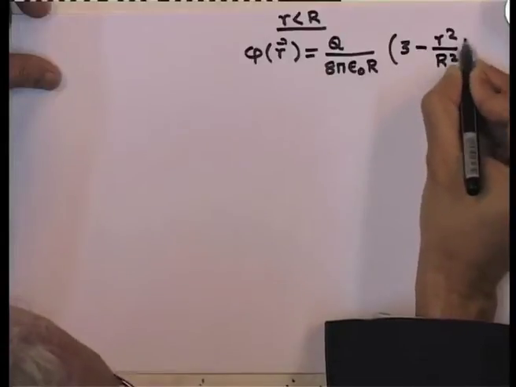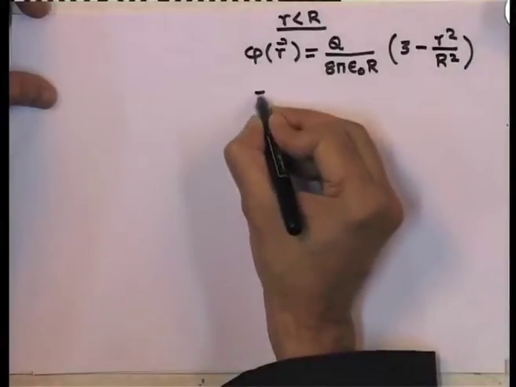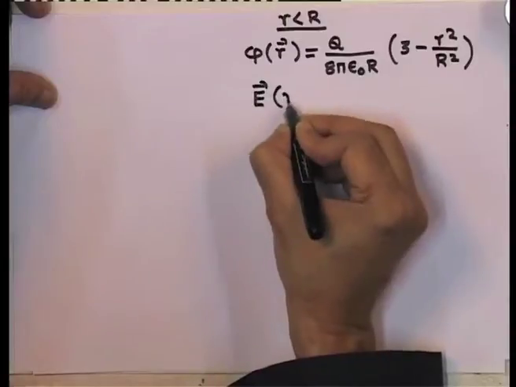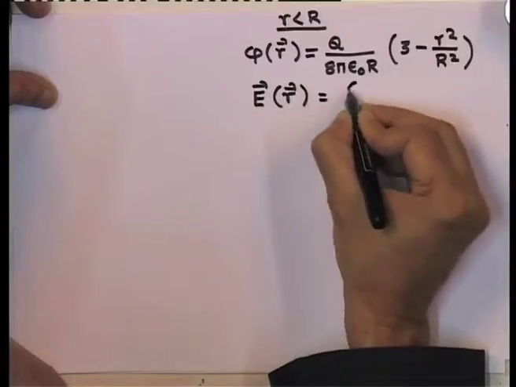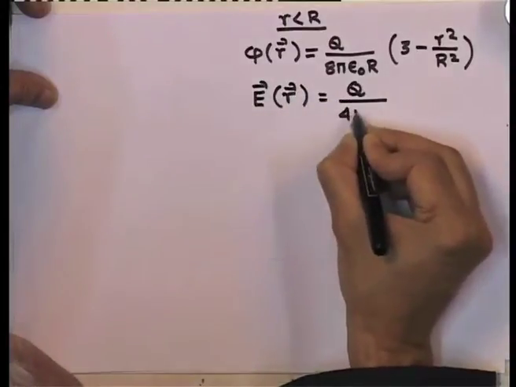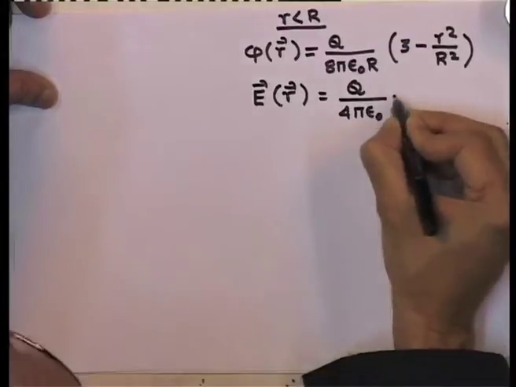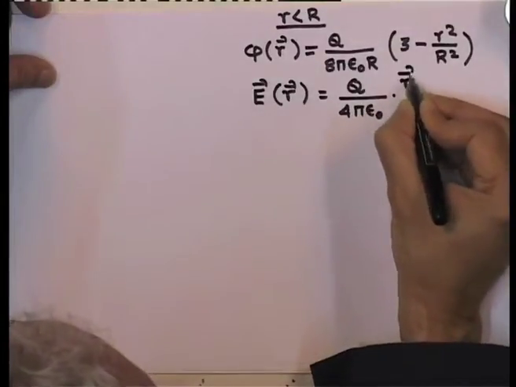This we had used a little while back, and the electric field which we also used just now is given by q by 4 pi epsilon 0, and this was vector r by r cube.